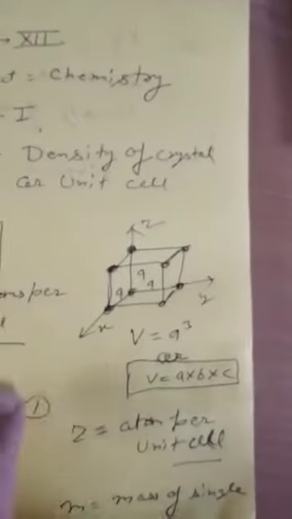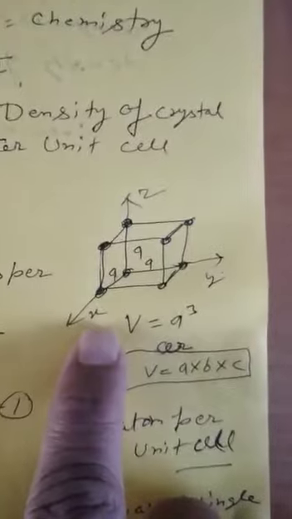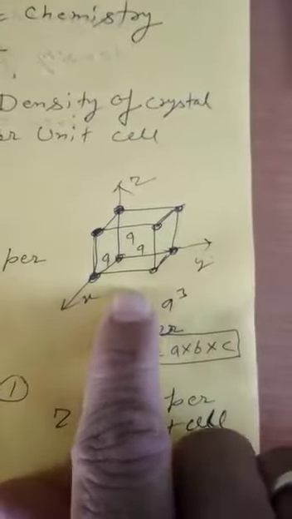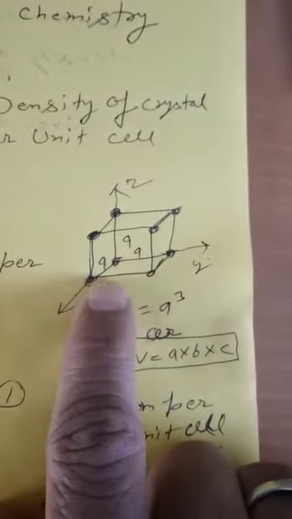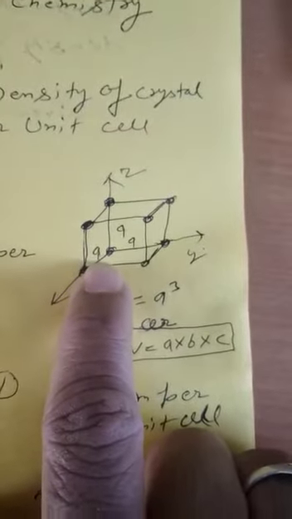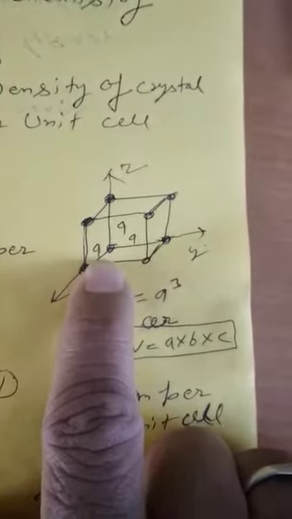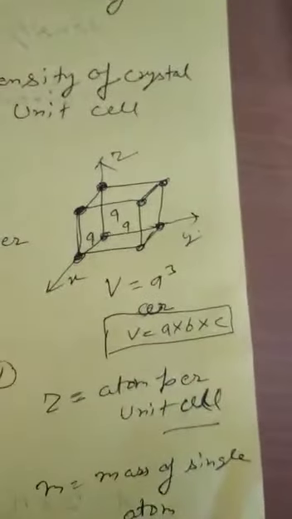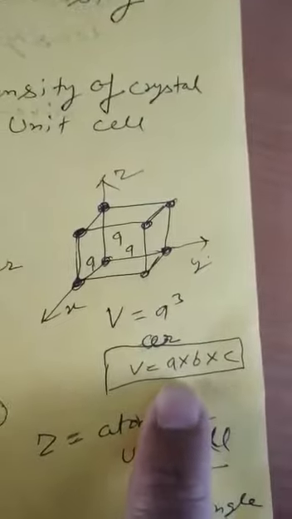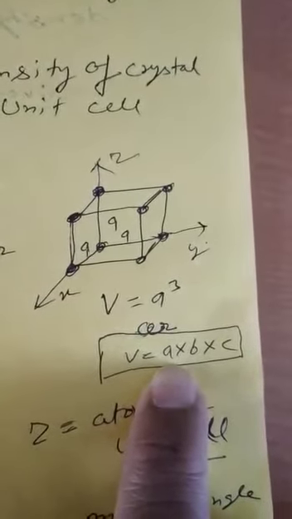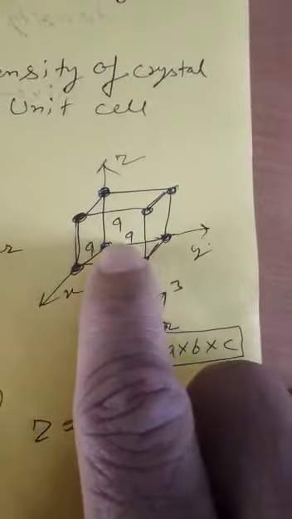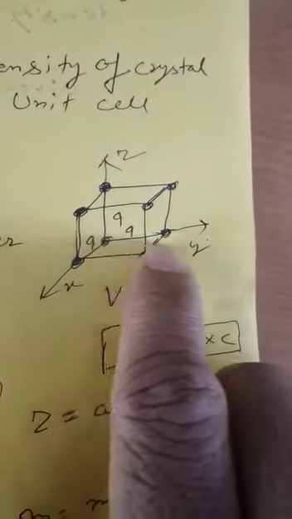I have shown here the simple cubic unit cell. You know the particles are present at corner, and the edge length is represented by a. Here we know that all the edge lengths or sides, which are represented a, b, c, are equal.